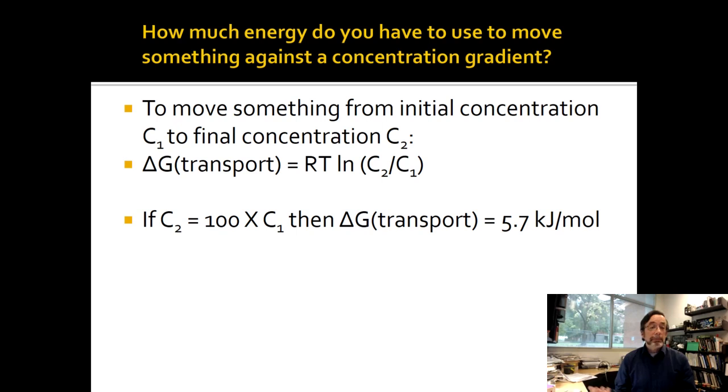And all that you do is, this should look familiar because it really is just a version of delta G equals RT natural log of K. The K that we're putting in is going to be the final concentration over the initial. Just make sure you keep those things straight, and this should be easy to take care of. If you have them in the same units, the units cancel out and it becomes a dimensionless thing inside the natural log.